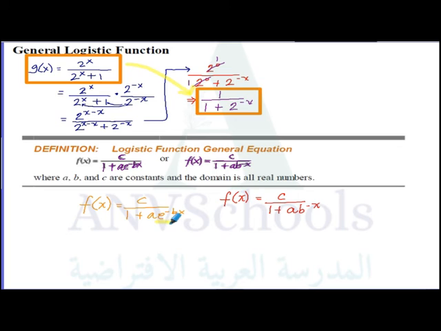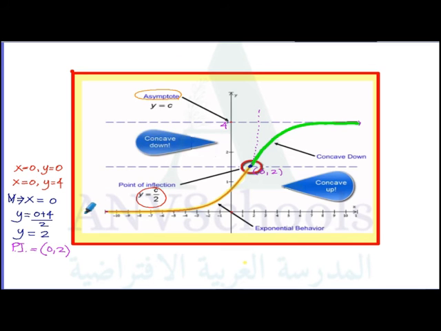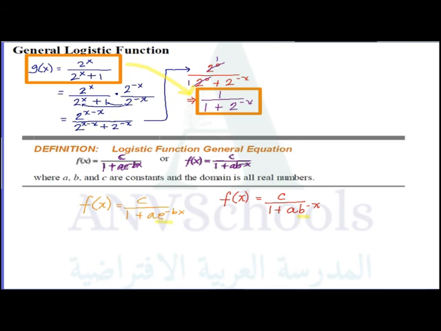So the base of the first function f of x is e, and the base of the second function is b. Okay? So a, b, and c are constants, and the domain is all real numbers. As illustrated here, your domain would be from negative infinity to positive infinity. So all real numbers are included.